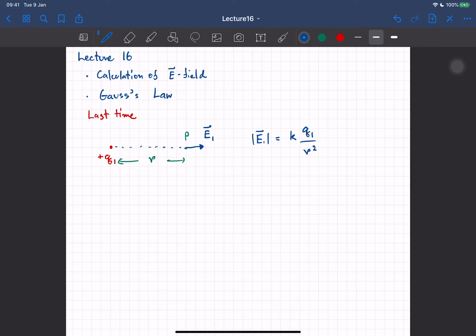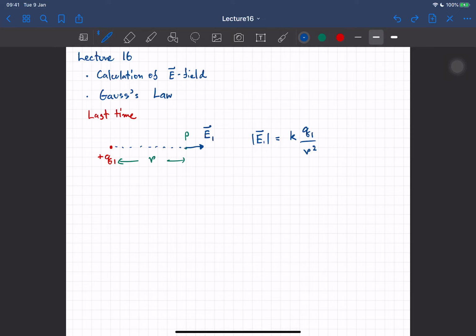And you can see that there's no mention of the second charge, because we just have Q1 and Q1 is the one creating the electric field. So you don't need Q2 or something like that to be able to describe the system, which is really nice because sometimes this is good enough for us.